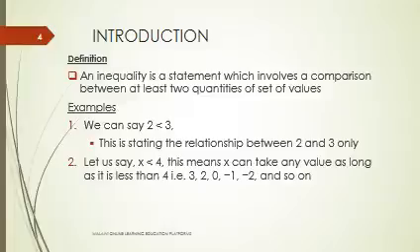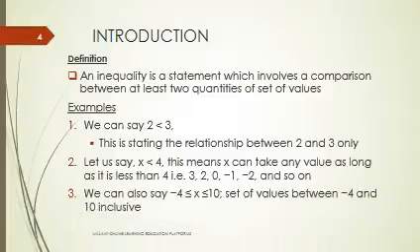For example, x can be 3. It's true that 3 is less than 4, or even 2 is less than 4 again. Negative 2 is also less than 4, and even negative 100 is less than 4. So the list goes on.